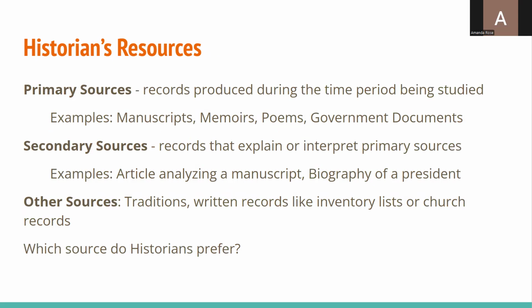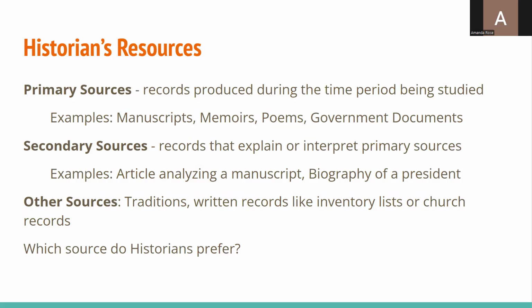Another distinction that we need to make about our two basic kinds of resources are primary and secondary sources. So first, historians examine primary sources. These are records produced during the time period being studied, and they are often produced by the people involved in the events.